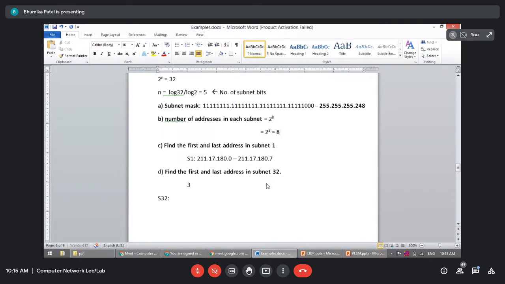So we can say that a total of 31 subnets are there before subnet number 32, and each has 8 IP addresses. So 31 into 8 will be 248. Sorry, 248.